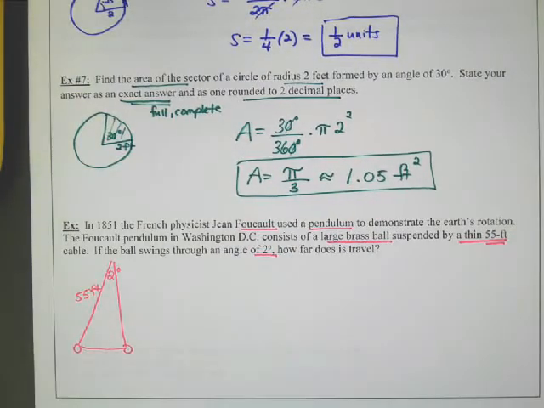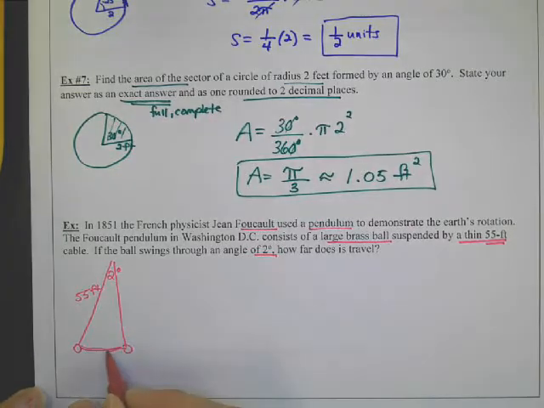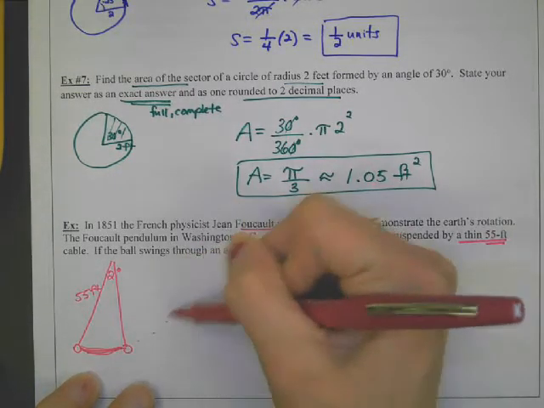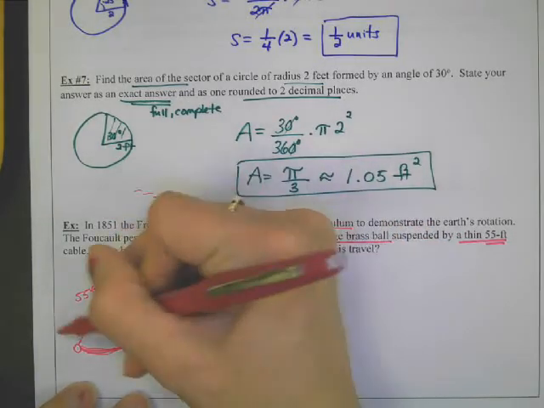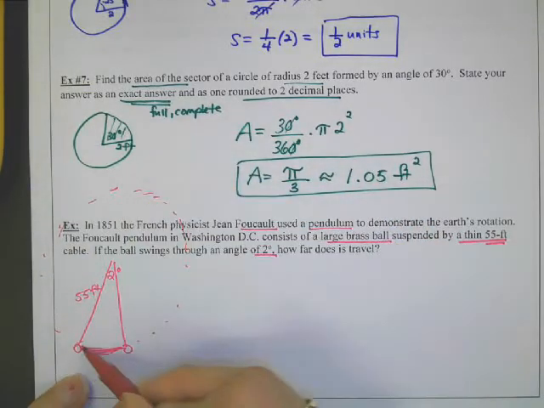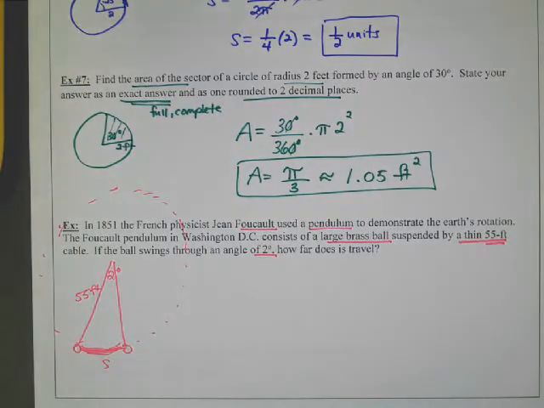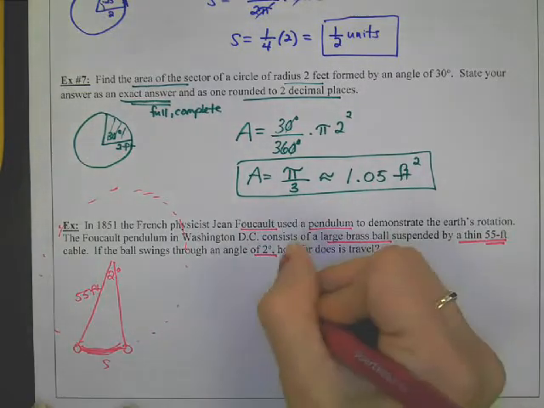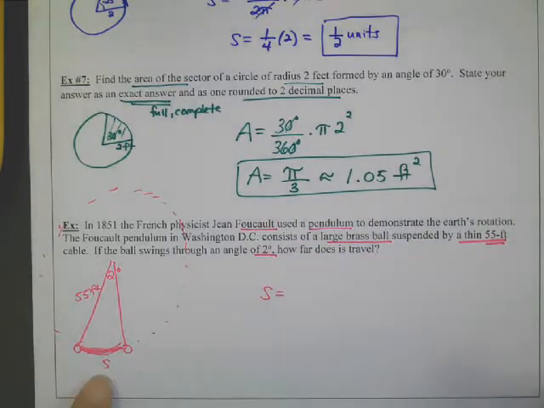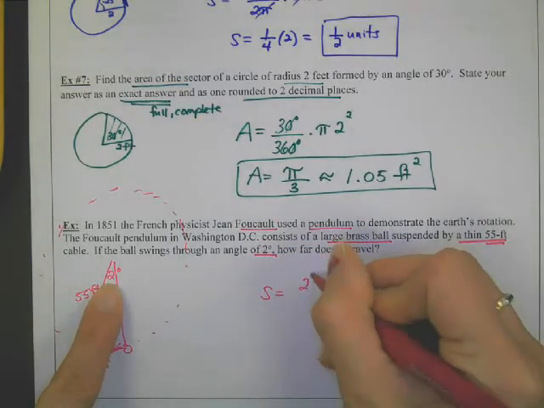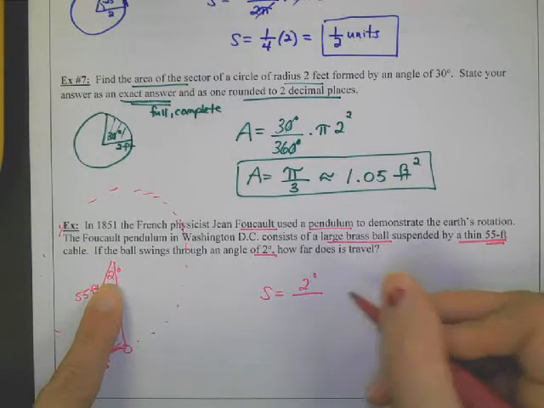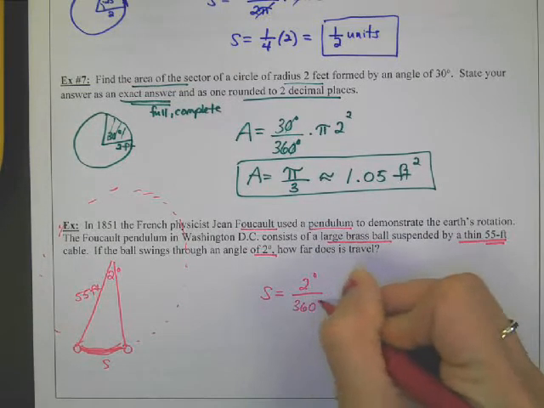Okay, 2 degrees. How far does it travel? Well, if this pendulum got out of control, that would just be on a circle, so that would be an arc. So this looks like a fancy arc length problem. How do you do arc length? The angle is 2 degrees out of how many? How many degrees in a circle? 360.